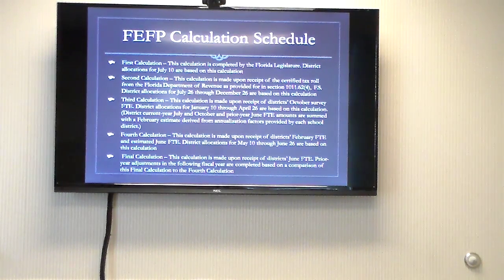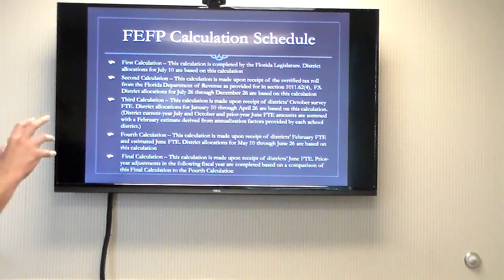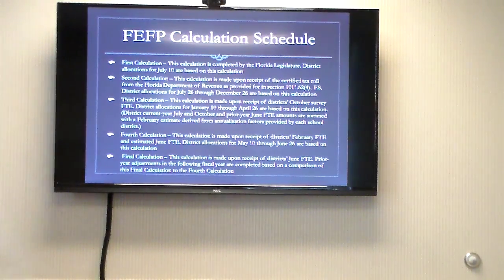Your first calculation is done with legislator significance. This allows us to calculate how many students are going to be in the school, and then that's going to give you your first initial calculation of the students and what can be expected.